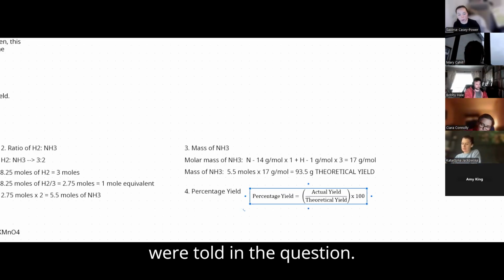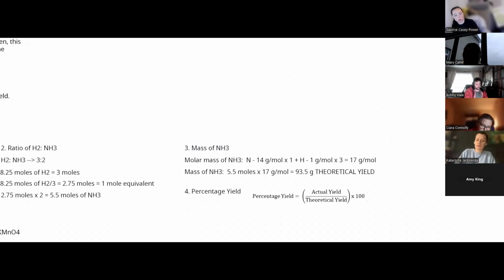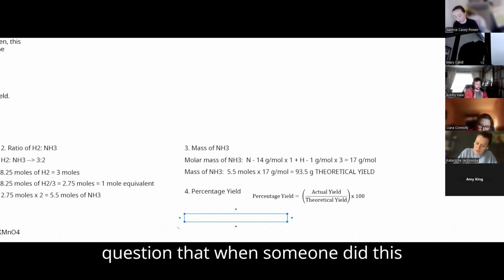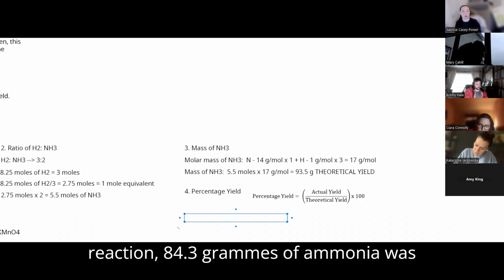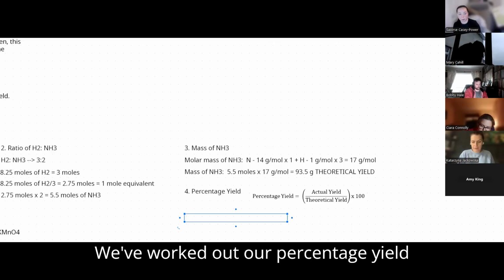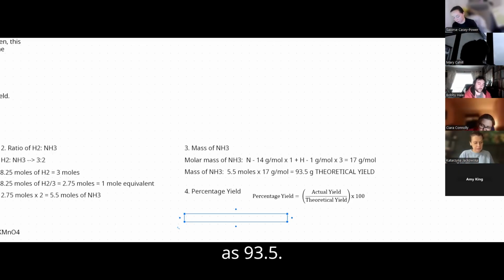We were told in the question that when someone did this reaction, 84.3 grams of ammonia was formed. We've worked out our theoretical yield as 93.5.